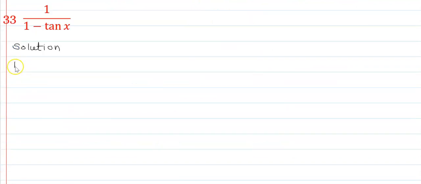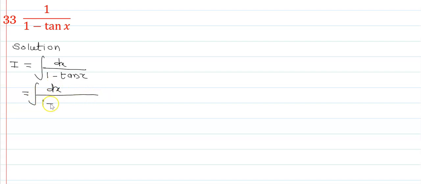Next integration, I is equals to integral dx upon 1 minus tan x. Again it is written as dx upon 1 minus sin x upon cos x, and then simplification.